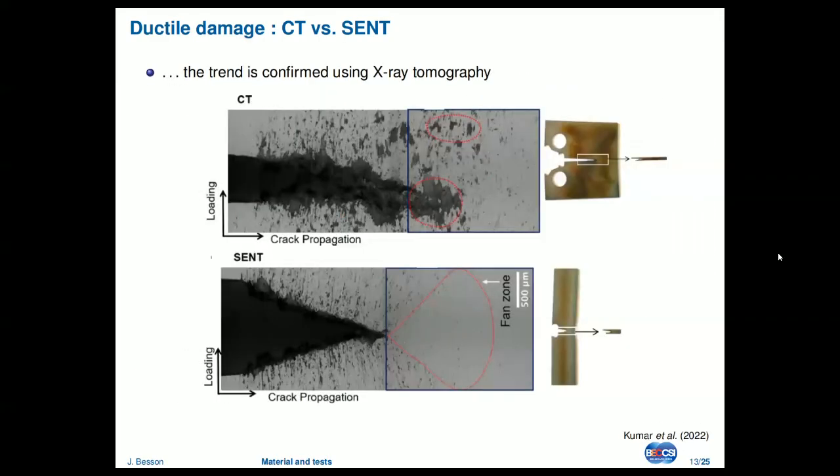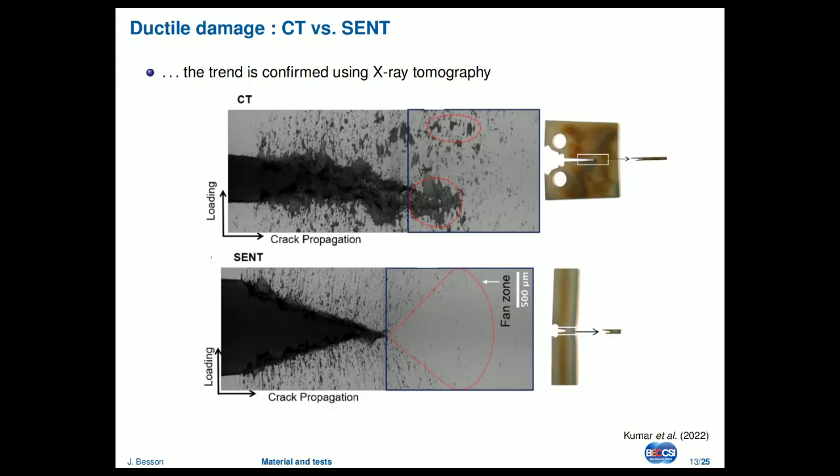Thanks. So what we did, we sliced CT and SENT specimens, 1 millimeter thick, and you can put that in a tomograph. The technique is called laminography, and you can look at damage at the crack tip. So the first picture, you've already seen it. That's the damage you have at the crack tip of a CT specimen.